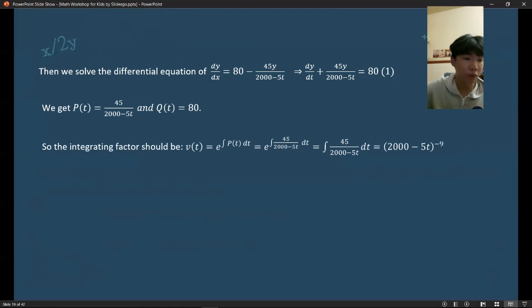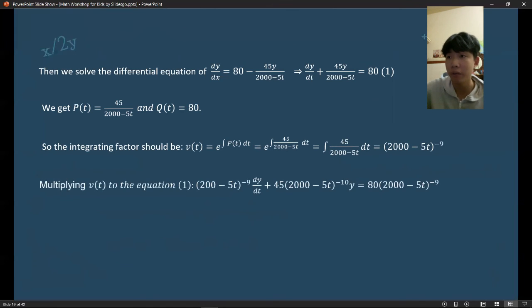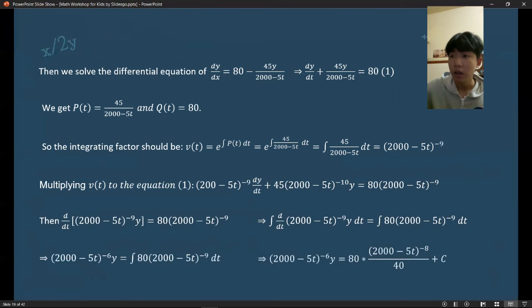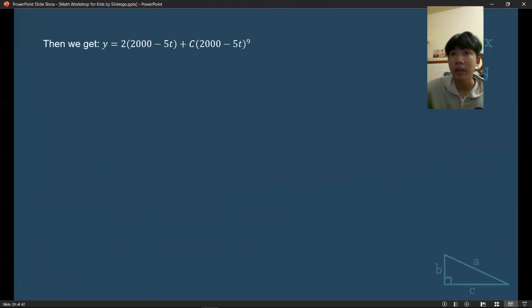And then we can use the integral to solve for it. So then we'll get the final equation to be y is equal to 2 times (2,000 minus 5t) plus c times (2,000 minus 5t) to the power of 9.